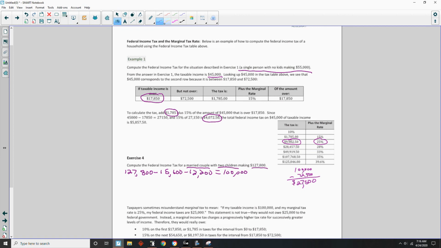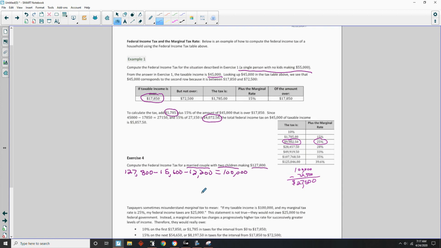All right, so go back to my pen, and now it is going to be what we've done here. We add 9,982.50 and 25% of the amount over, which is 27,500. The amount over 72,500. So we're going to add 9,982.50 plus 25% of the amount over.